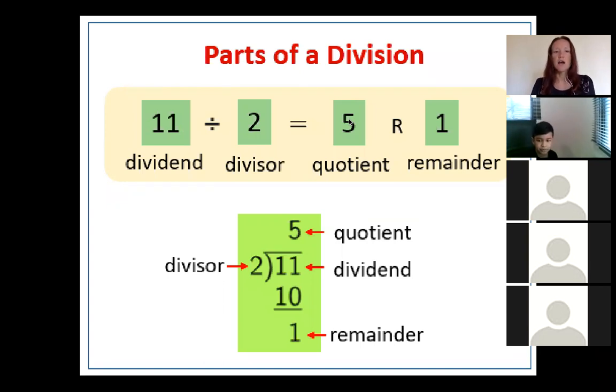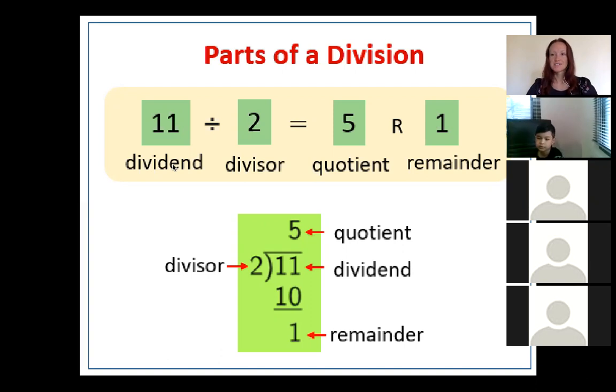In division, we have the dividend, the first number. Dividend. Okay, good. Next, divisor. Good. And the result is quotient.